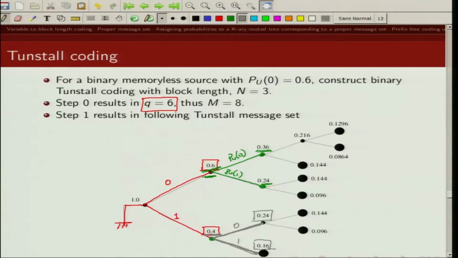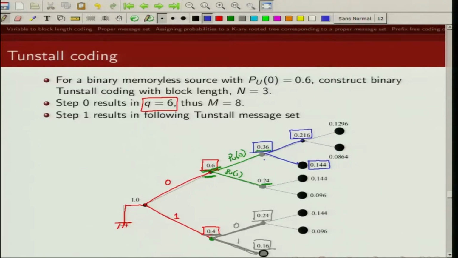Third, at this point, what are the probabilities of the leaves? This is 0.36, this is 0.24, this is 0.24 and this is 0.16. We can see that this particular node has the highest probability, so our third extension will happen from this leaf. If I extend this leaf, this probability is 0.36 into 0.6 and this probability is 0.36 into 0.4.